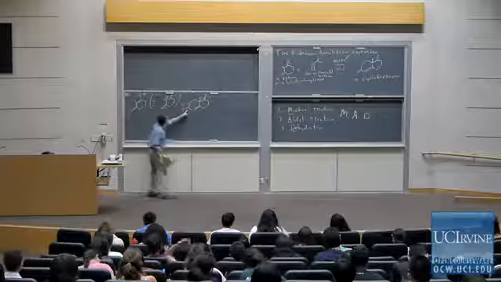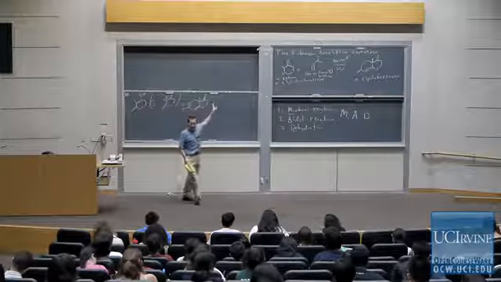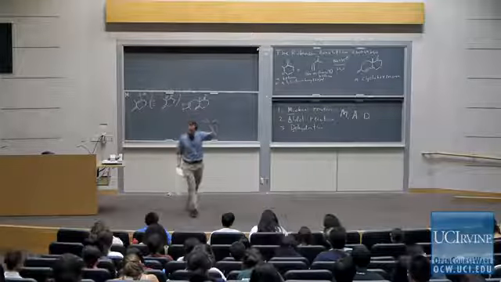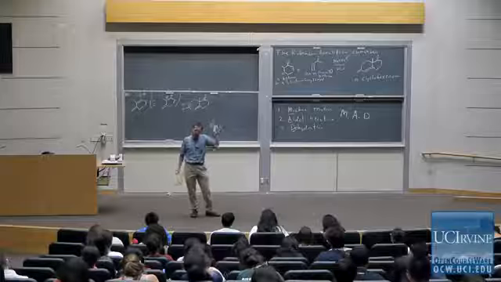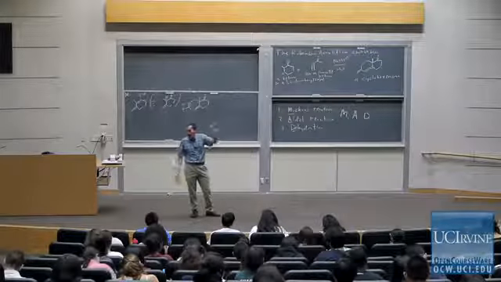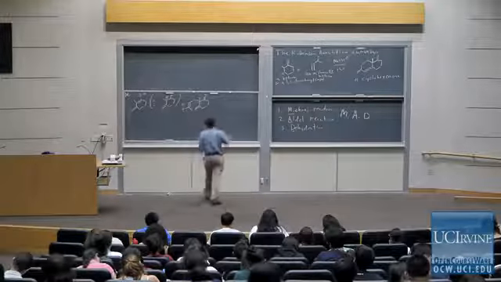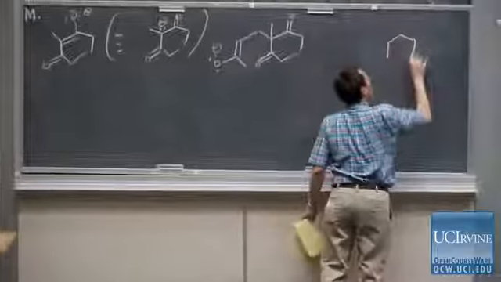Protons go on, protons come off. The pKa of a ketone is on the order of 20, which means the enolate is pretty basic. The pKa of water is on the order of 15.7. The pKa of an alcohol would be 16 or 17. Protons come on, protons go off.